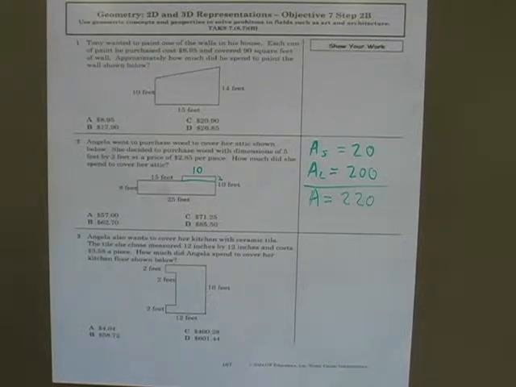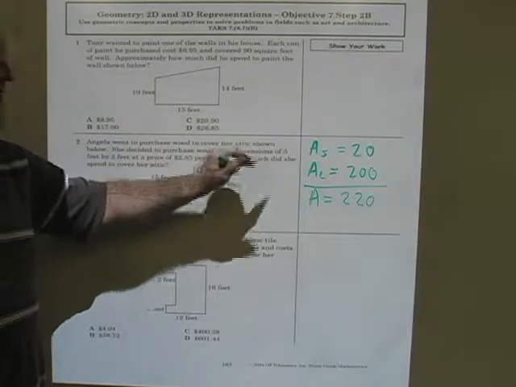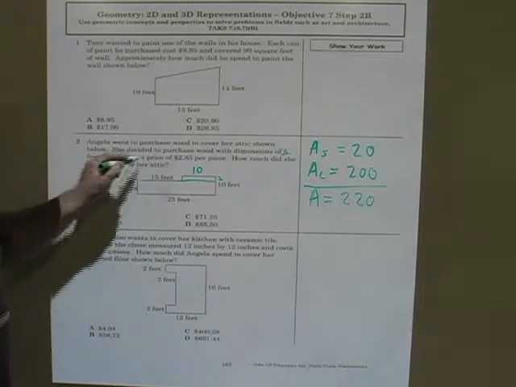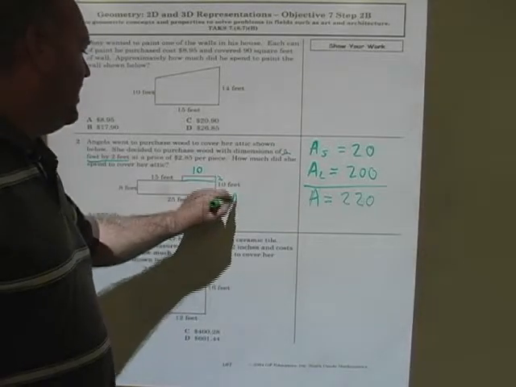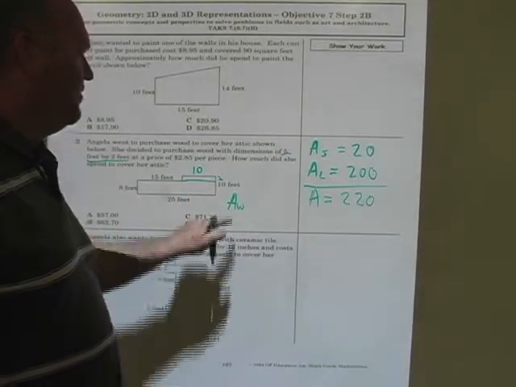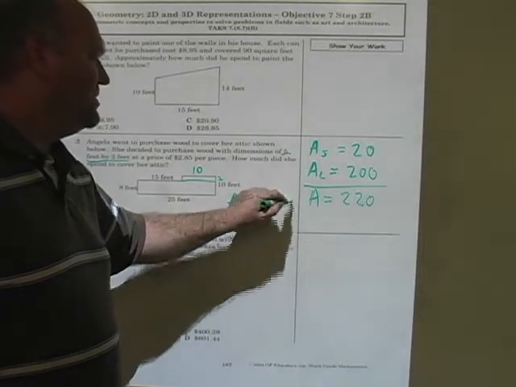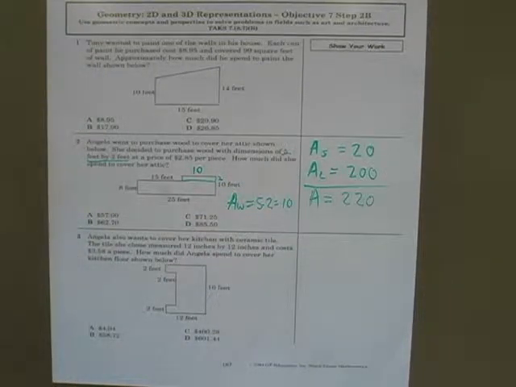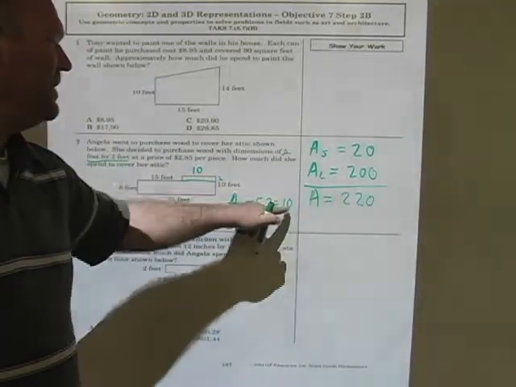Okay, now each piece of wood has a dimension of 5 by 2. So what's the area of each piece of wood? The area of a piece of wood is 5 times 2, which is 10. So how many of those pieces of wood do we need to cover this whole wall? Well, we take 220 divided by 10.